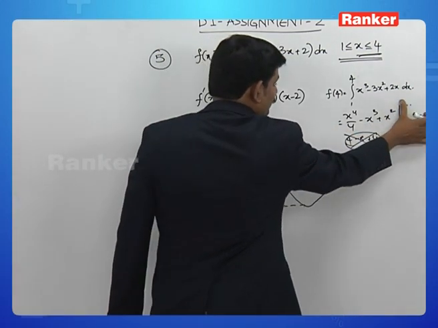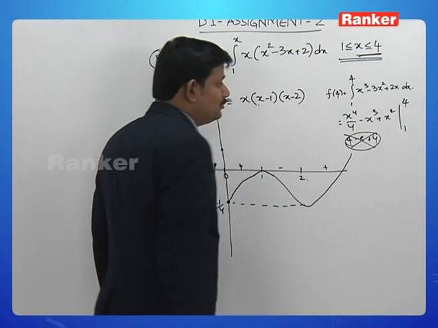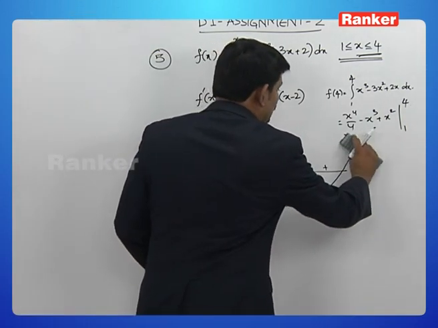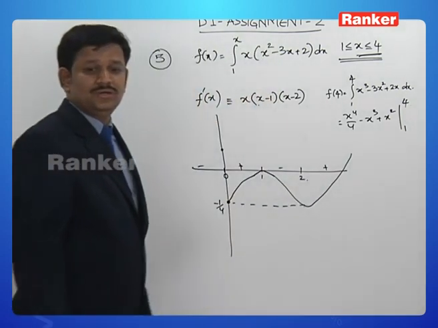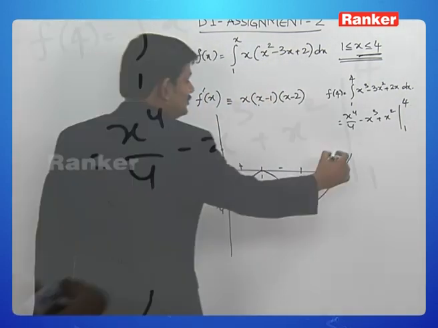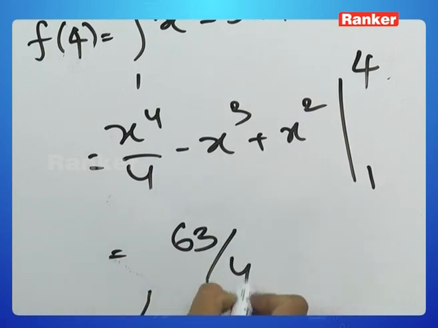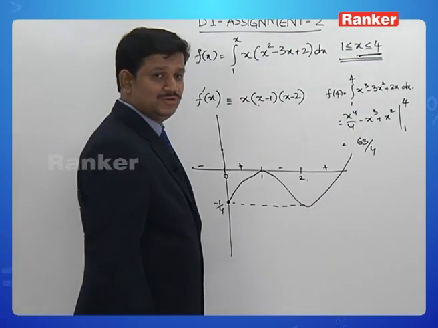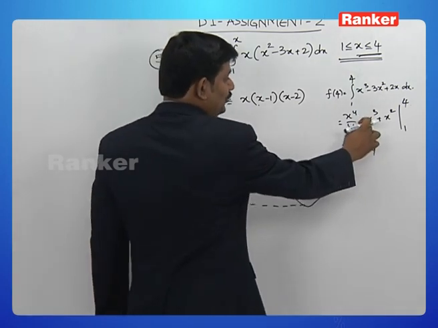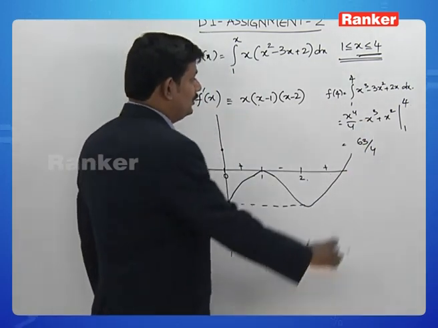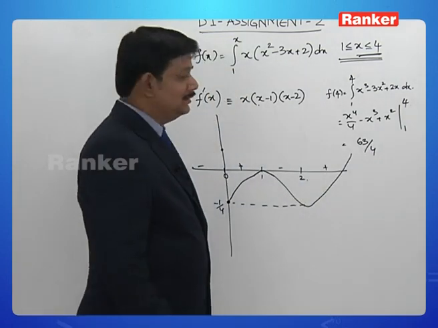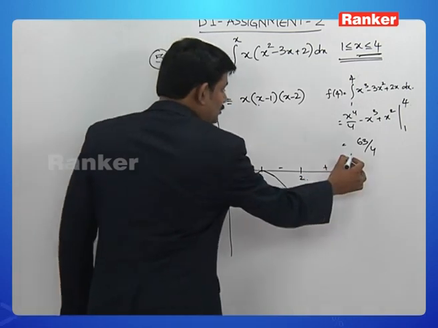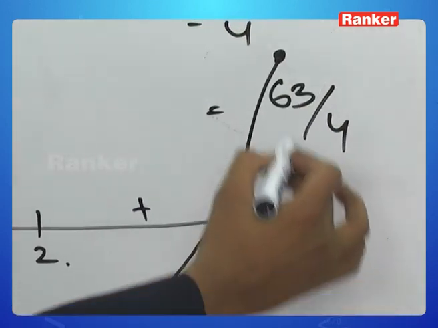Integral is x power 4 by 4 minus x cube plus x square within limits 1 to 4, and on substitution this becomes 63 by 4. Substitute 4 here. 4 power 4 by 4 is 4 cube, 64, minus 4 cube is 64, plus 4 square is 16, 16 minus 1 by 4, that makes it 63 by 4. So, f of 4 is 63 by 4.